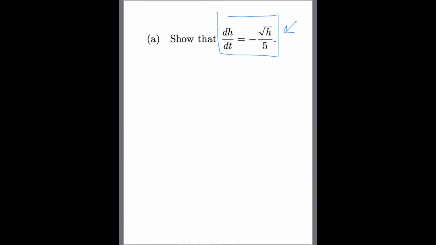Okay, so the first thing I would do, I would write this formula right here, the formula that we were given, because in order to get to dH over dt, you have to notice that we're going to have to use that H that's right there. And then the next thing I would do, and this is really important when you're doing related rates, you need to know when something is changing with respect to time or where things are staying constant.